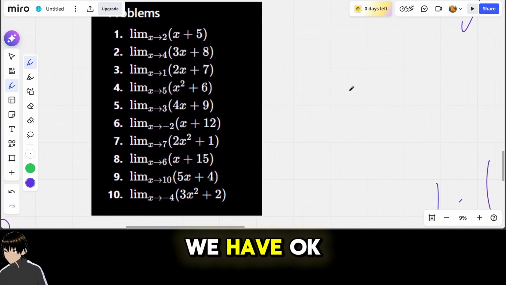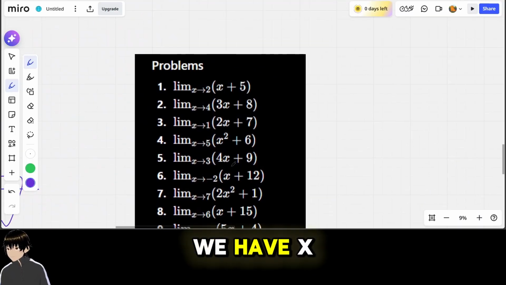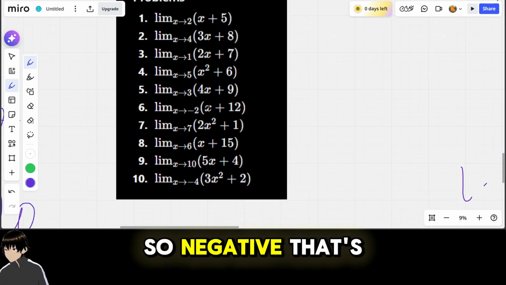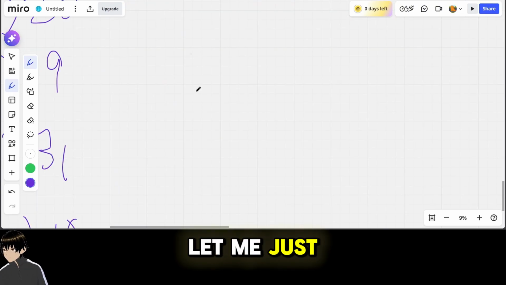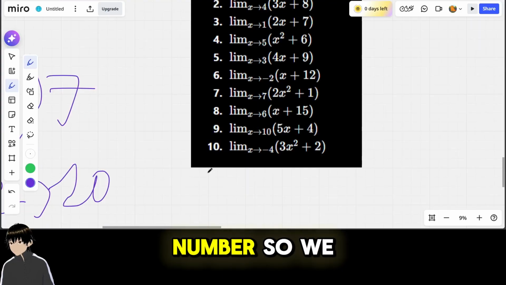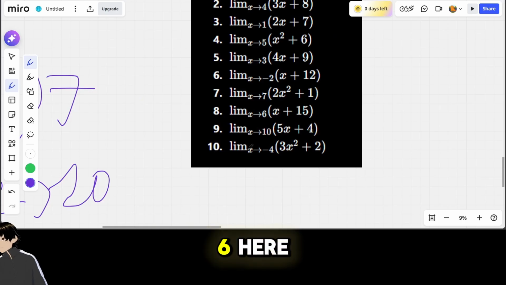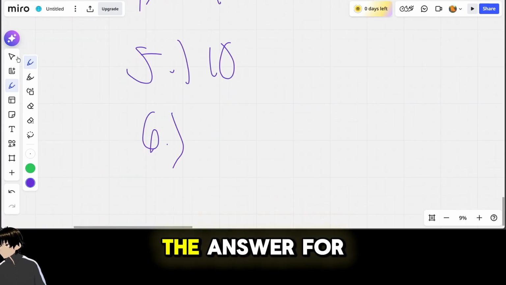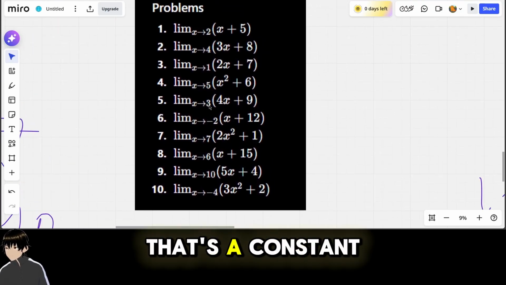So we're in number 6 now. So we have x, so negative, oh, I think I skipped a number. Yeah, I skipped a number. So we have 5. This is actually the answer for 6 here. So we have 5, 4, so there's a constant multiple.